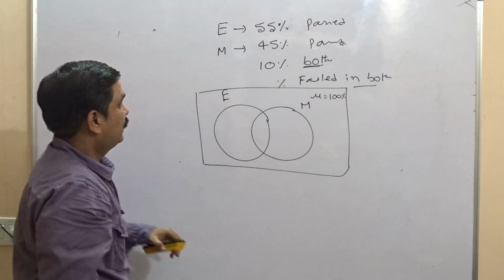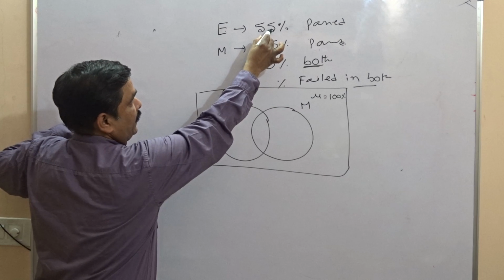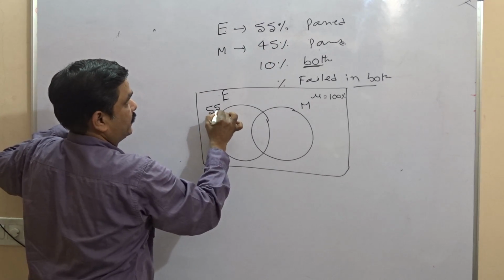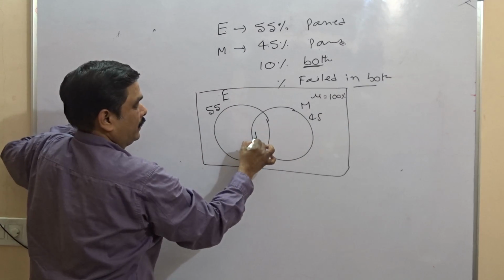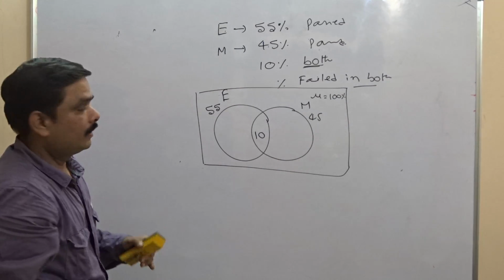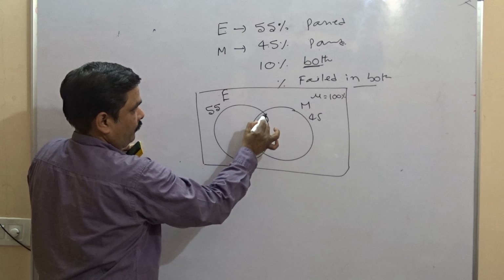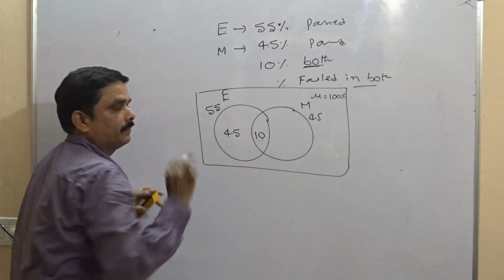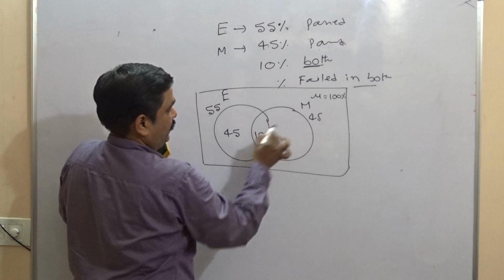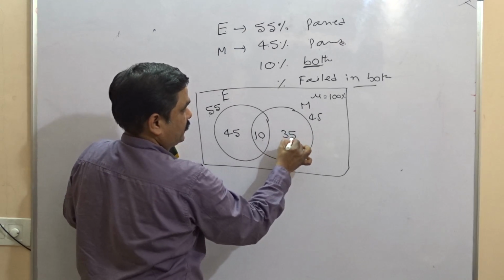Now the students qualified in English in total 55%, and this is 45%, both, that is 10%. Now very clearly, when English is 55, already 10 is here, 55 minus 10, 45% here. Now it is 45 minus 10, 35% here.